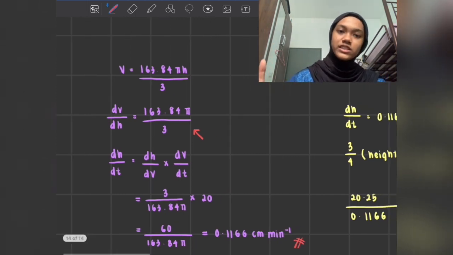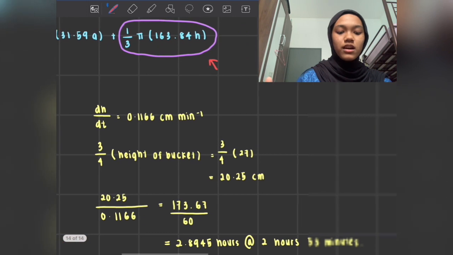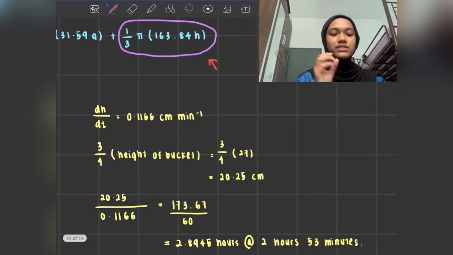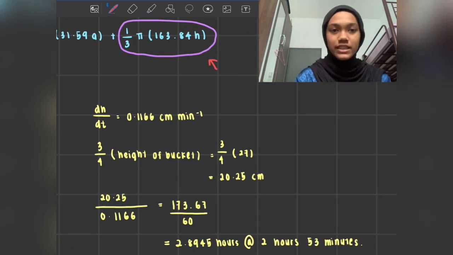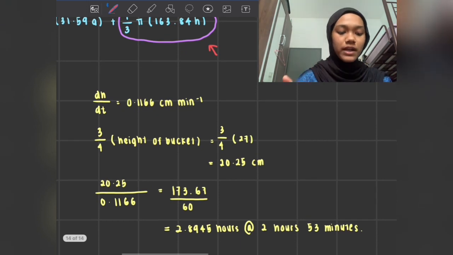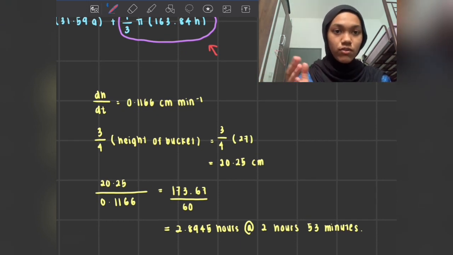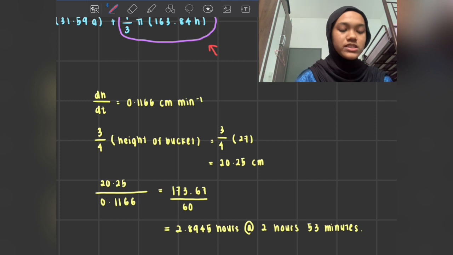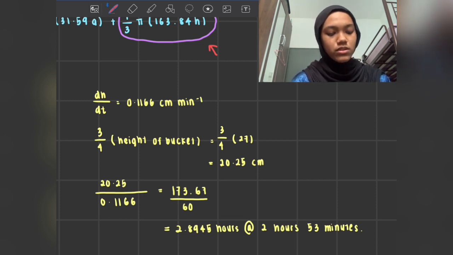After we got our dh over dt, we need to remember that Ame stated that he needs to fill in 3 over 4 of the height of the bucket. So we need to multiply 3 over 4 with 27, which is the real height of the bucket. So we get 20.25 cm.